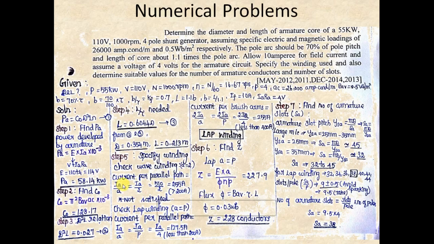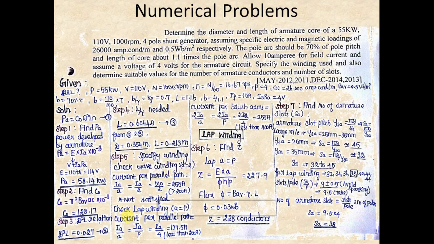We will be able to determine the current per parallel path as 255 ampere, which is actually not a possible condition because we have very clearly studied that the current per parallel path should not exceed the value of 200 ampere. So definitely this machine can't have wave winding. That is, the armature winding cannot be of wave winding.